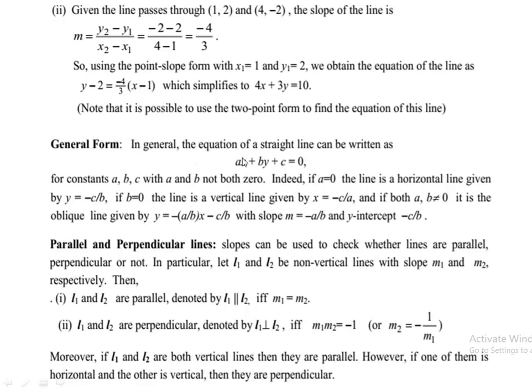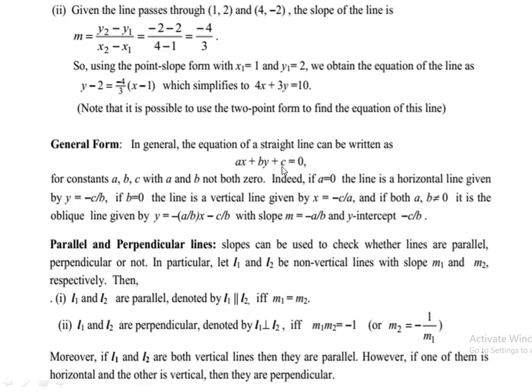Now, the general form of the equation of a straight line can be given as ax plus by plus c equals 0, for a, b, and c any constants, where a and b are not both 0.